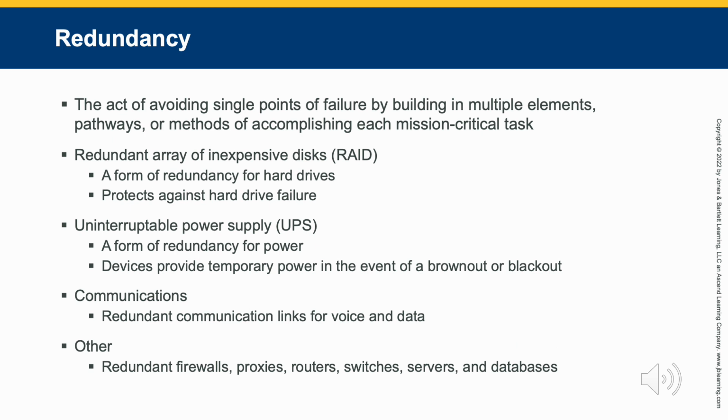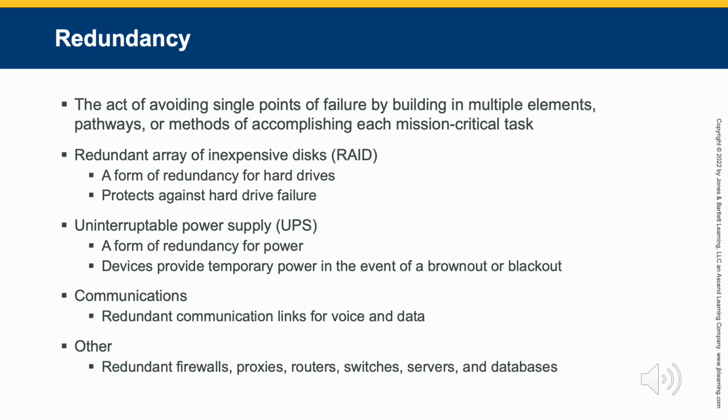Redundancy is the act of avoiding single points of failure by building in multiple element pathways and methods of accomplishing each mission critical task. Redundant array of inexpensive disks, or RAID, as it's referred to, is a form of redundancy for hard drives and protects against hard drive failure.